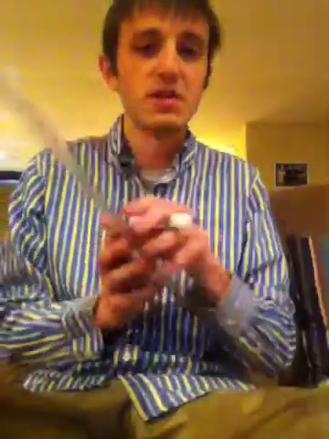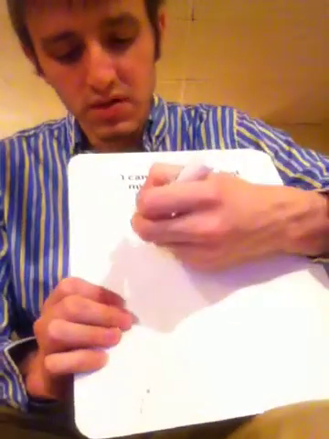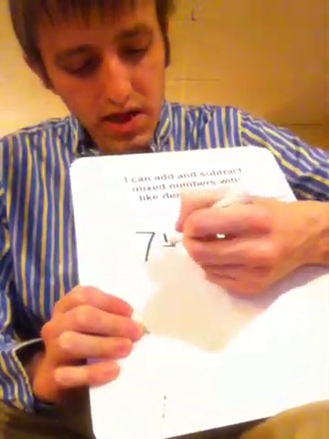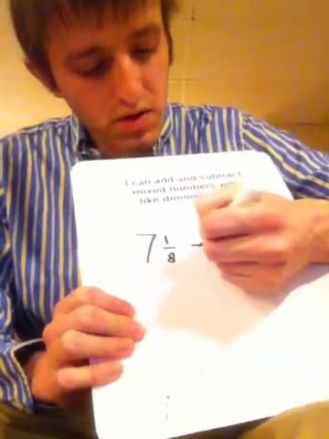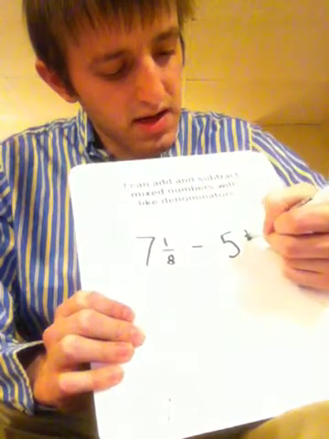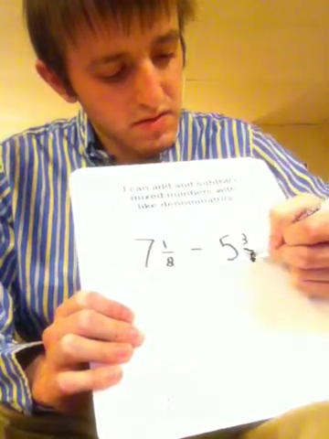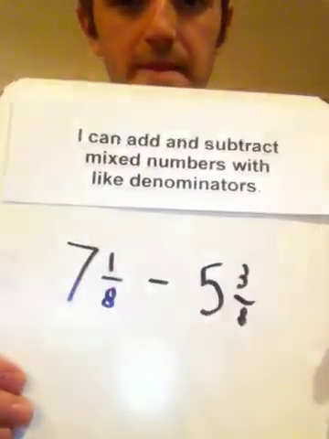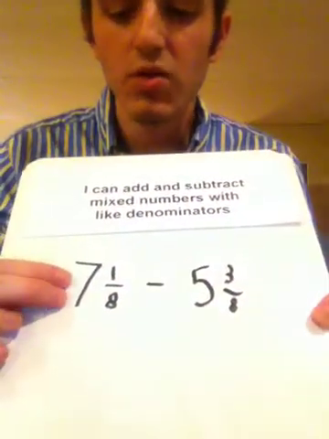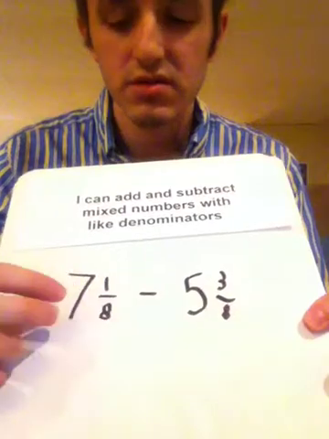Now let's try one where there's going to be some regrouping. And this is where most of us are going to need some extra practice. So please pay careful attention to this. Let's start with 7 wholes and 1/8. We're going to take away 5 wholes and 3/8. These are mixed numbers because you have a whole number and a fraction.